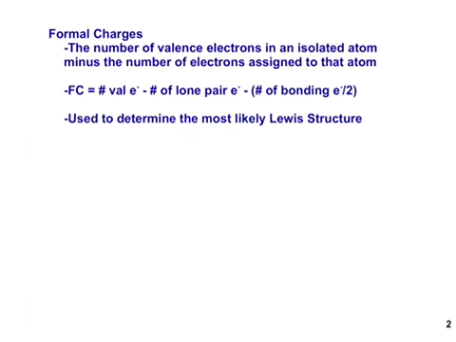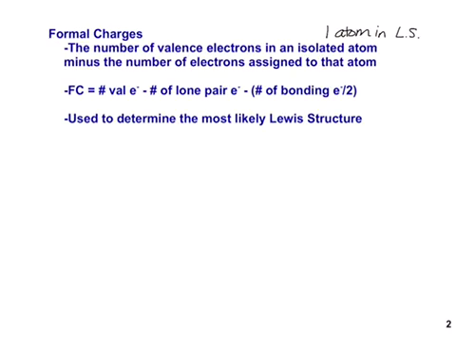Some of you have come across different ways to draw these structures, but almost always there's one correct way. A way to figure that out is by looking at formal charges. The formal charge is the number of valence electrons on an isolated atom, so this looks at one atom in a compound or in a Lewis structure, minus the number of electrons assigned to that atom.